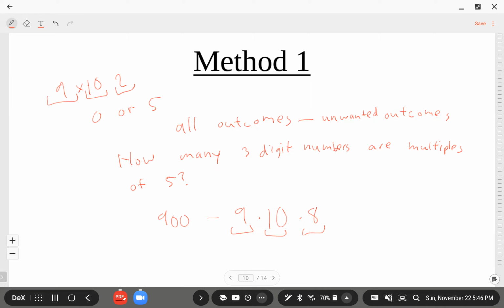And we don't want those possibilities, so we're going to choose every other number for our last digit, then it will not be a multiple of 5. Subtract this and you will get 180.